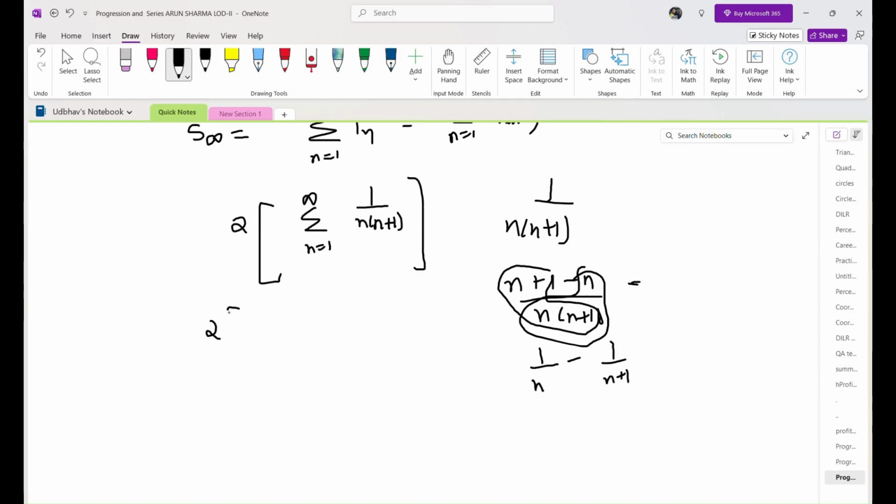So we can write 2 times the sum from n equals 1 till infinity of 1 upon n minus 1 upon n+1.